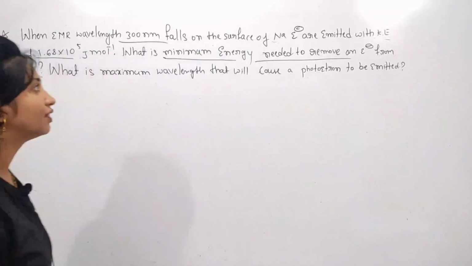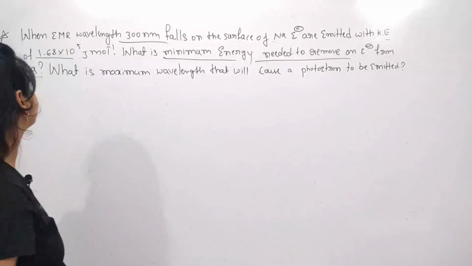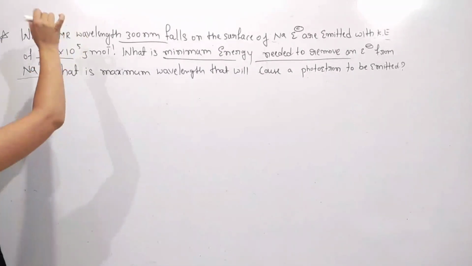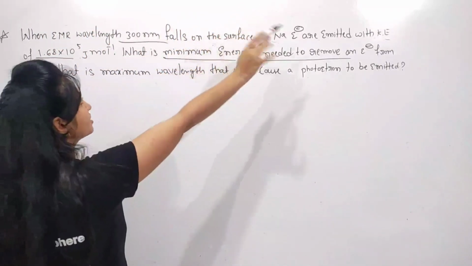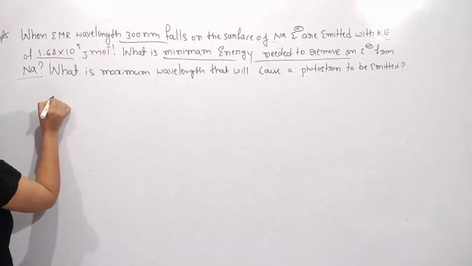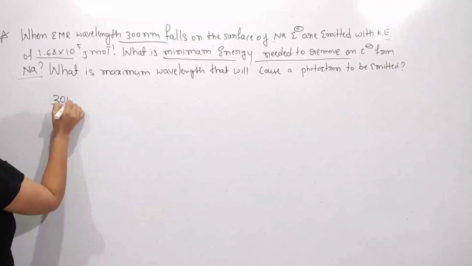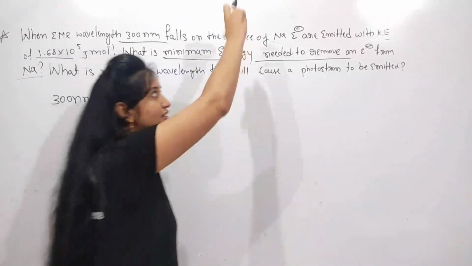So see here what given data they give us and what they asked us to find. When electromagnetic radiation of a wavelength falls on the surface of the sodium, they give us the wavelength: 300 nanometer wavelength of light falls on the surface of the sodium.